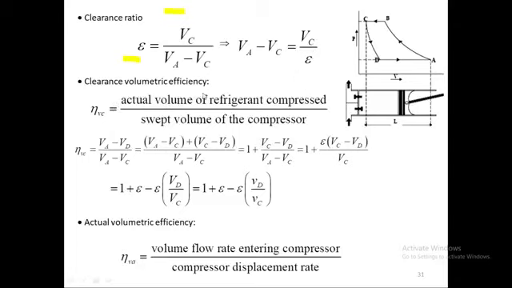So the clearance volumetric efficiency by definition is the actual volume of the refrigerant compressed divided by the swept volume of the compressor.